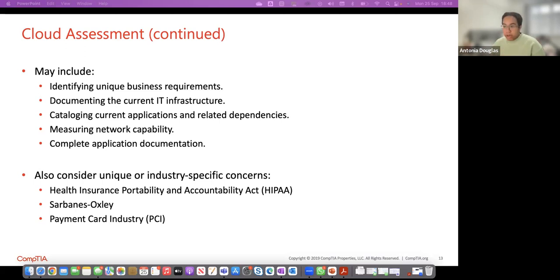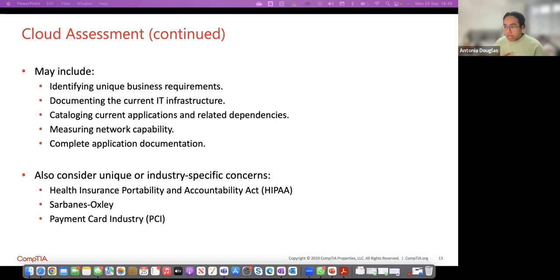Then, what we mentioned earlier, health information. Is this something your organization maintains? For example, organizations such as the NHS. We've got the payment card industry, so the likes of MasterCard or the other card providers, and Sarbanes-Oxley.